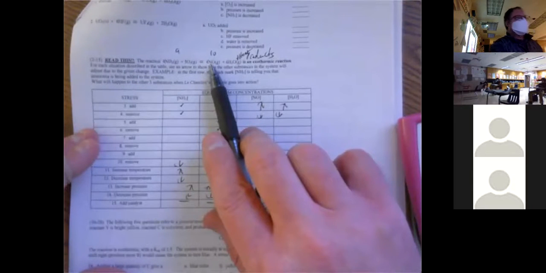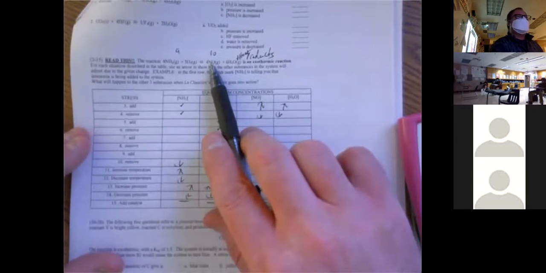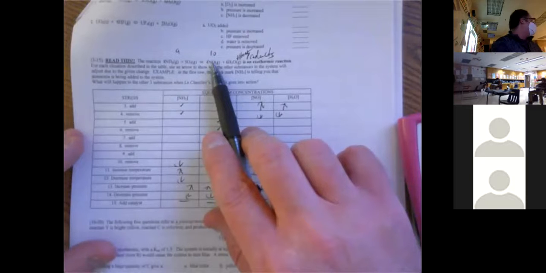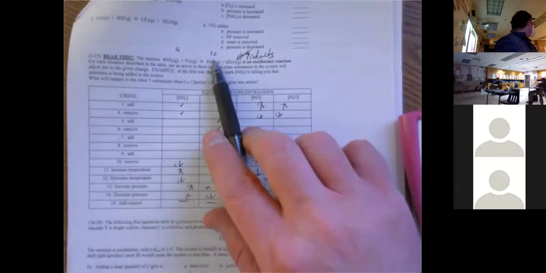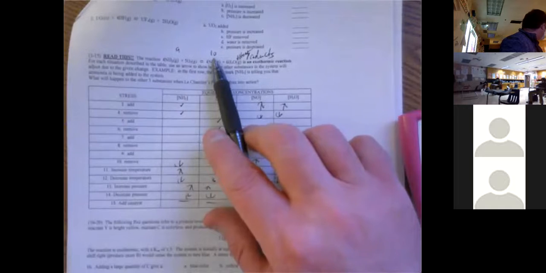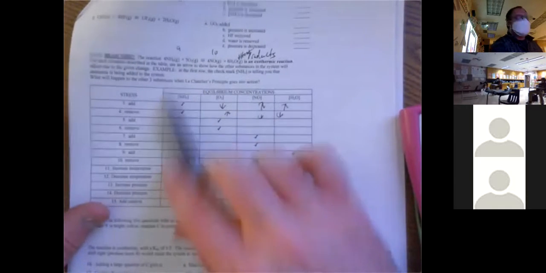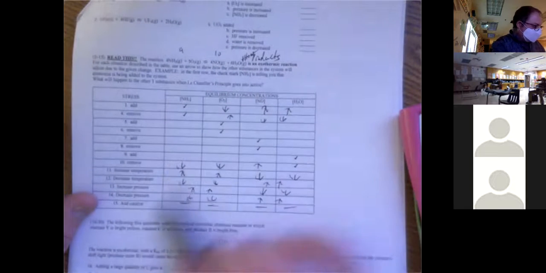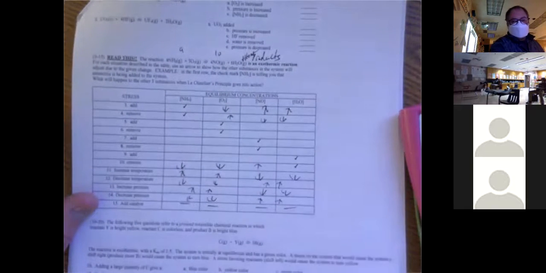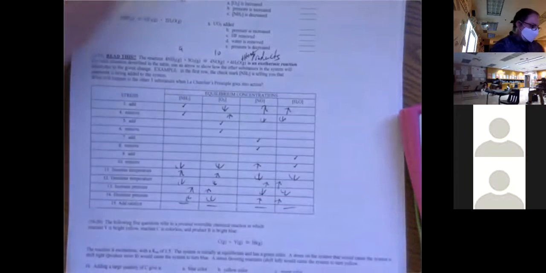If we add more of this NO at a set temperature, the system has to basically get rid of NO. The only way to get rid of NO is to reverse the reaction, which means we're going to turn that NO into reactants. It gets confusing if you can't separate in your mind the two different things.